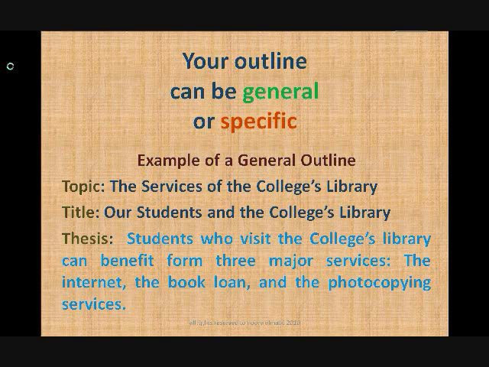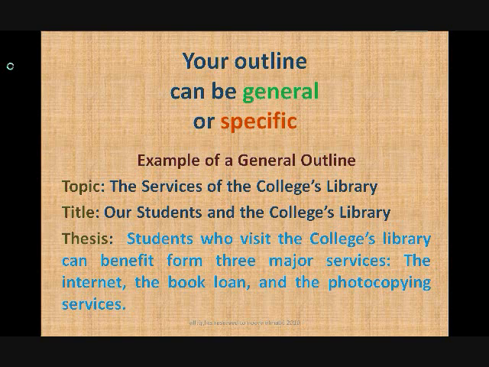Let's think of a thesis that relates to this idea, and we have discussed this thesis before. Students who visit the college's library can benefit from 3 major services: the internet, the book loan, and the photocopying services. If you remember, this type of essay was documented as a classification essay. But let's skip types and just talk about the outline.